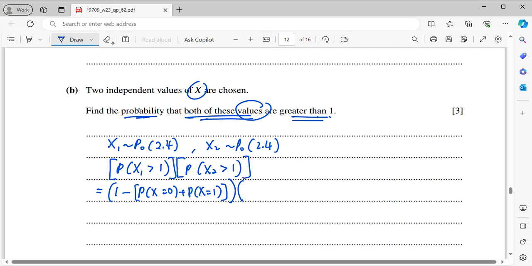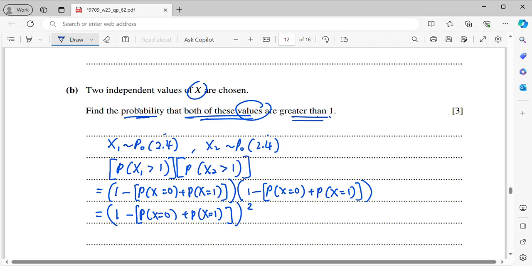It will be the same for both, since both have the same probability. So after that, you square it.